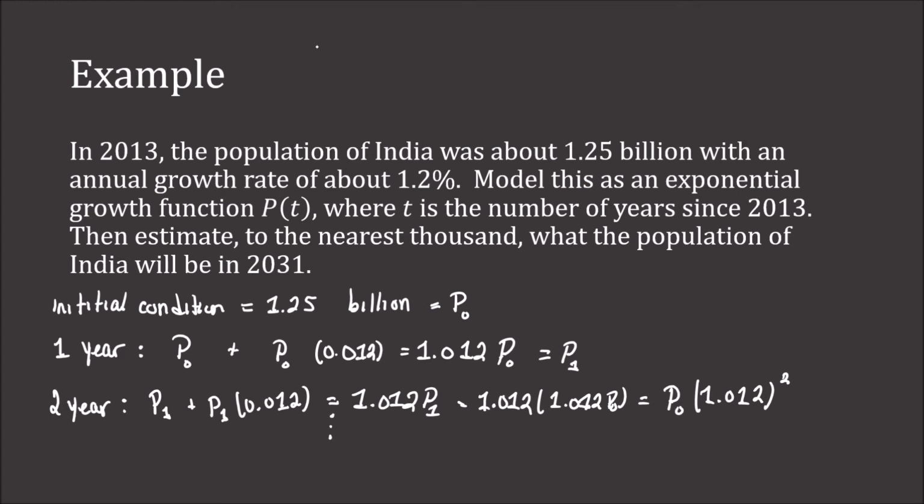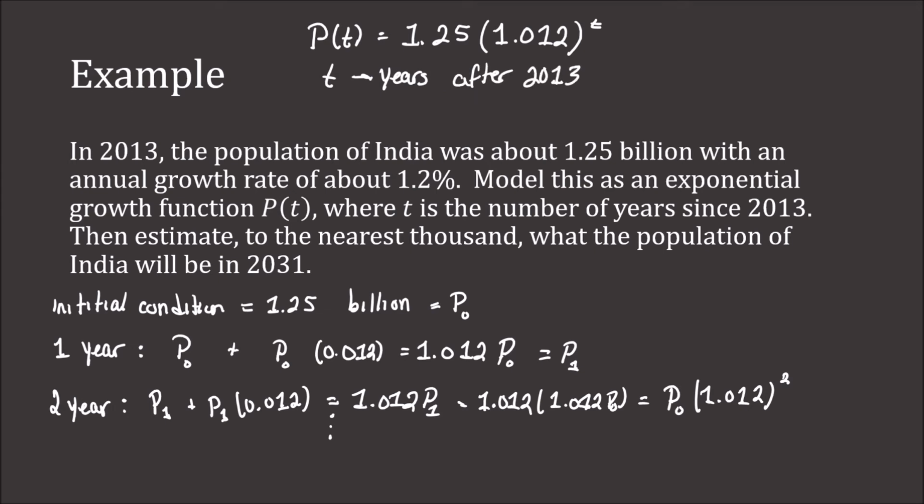So our model, which I'll write at the top, is P of t is equal to P0, which is 1.25 billion, times 1.012 to the t power, where t is the number of years after 2013, and P of t is measured in billions.